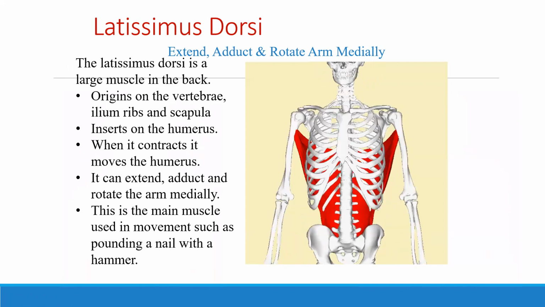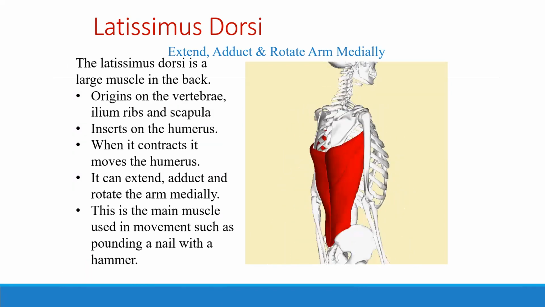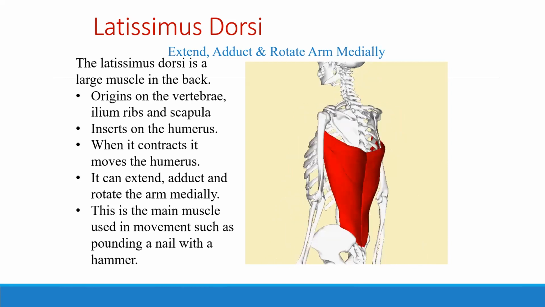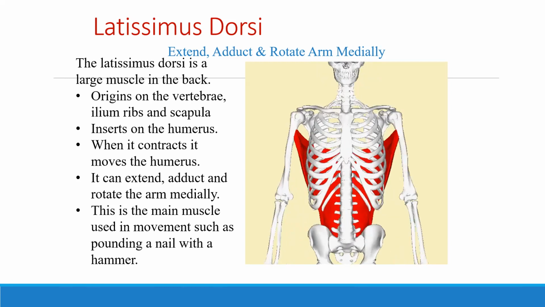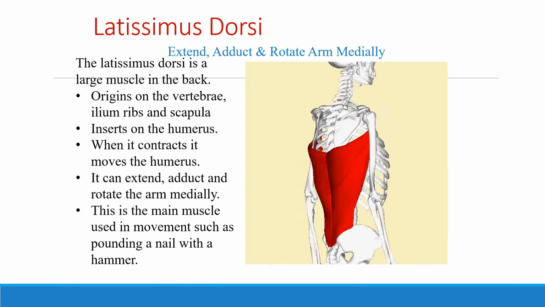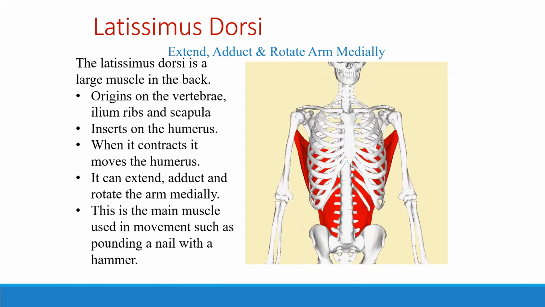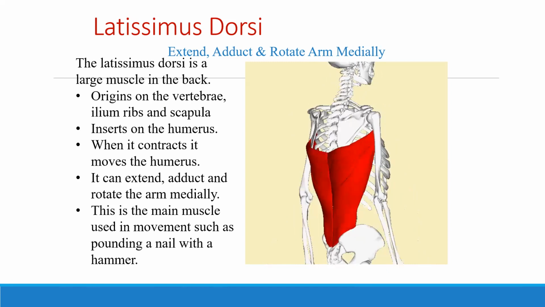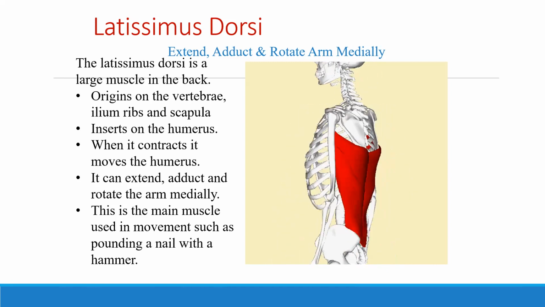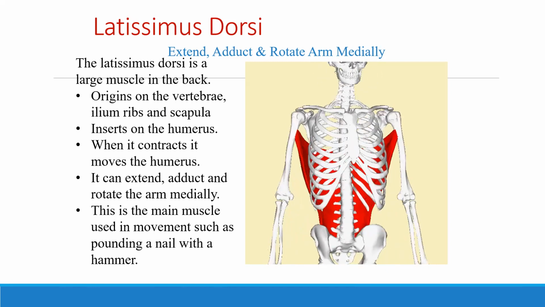We use this to throw a softball underhand. And there's a tremendous amount of power you can get behind that. So there's a lot of actions we do using the latissimus dorsi.